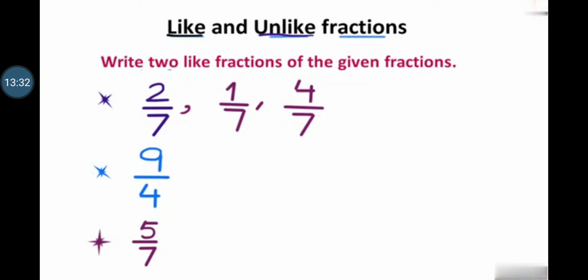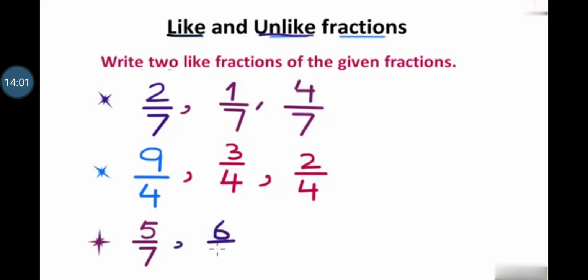So here you can see that the denominators are the same. Now look at the second one. 9 by 4. The second like fraction can be 3 by 4. And the third like fraction can be 2 by 4. Now here again you can see that all the denominators are equal.